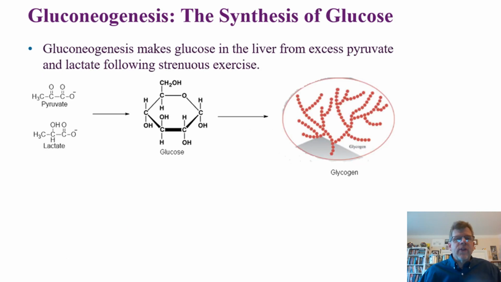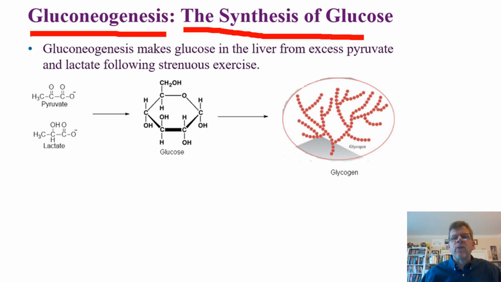Our first G word is called gluconeogenesis. Gluconeogenesis. It is the synthesis of glucose in animals. Now, normally, this is really a very foreign and strange thing for animals. Animals typically use glucose. They catabolize glucose to extract the energy contained within the chemical bonds from it.